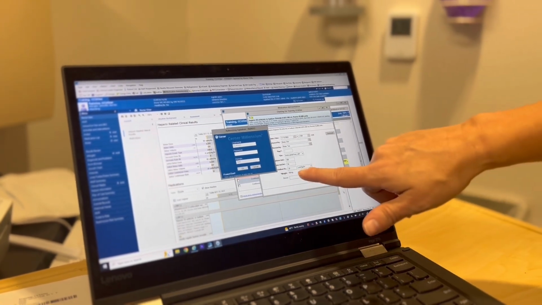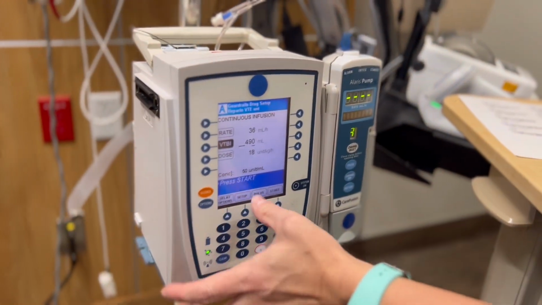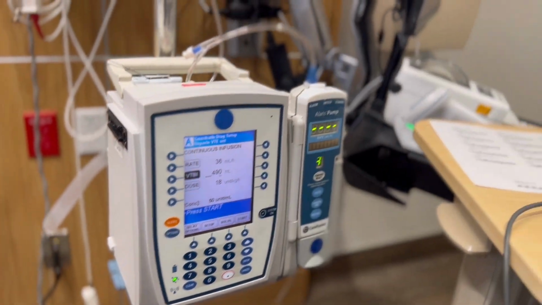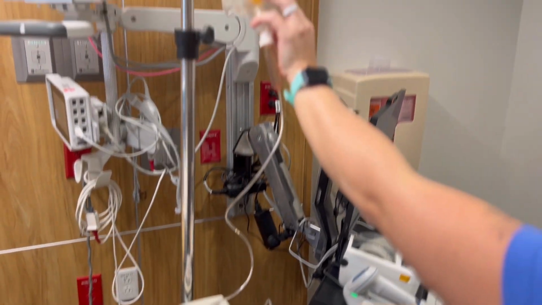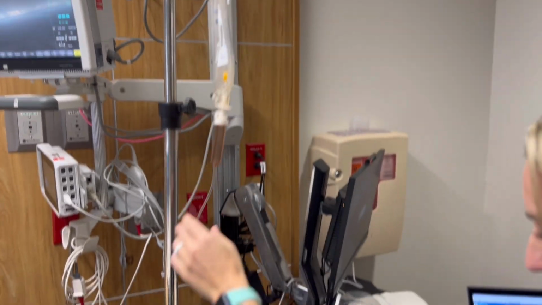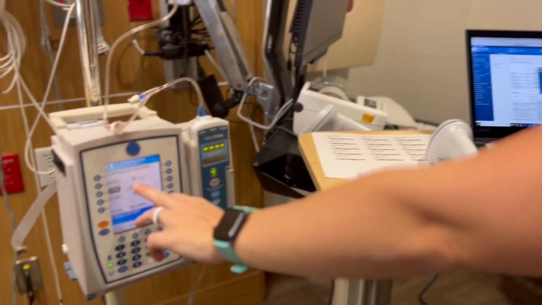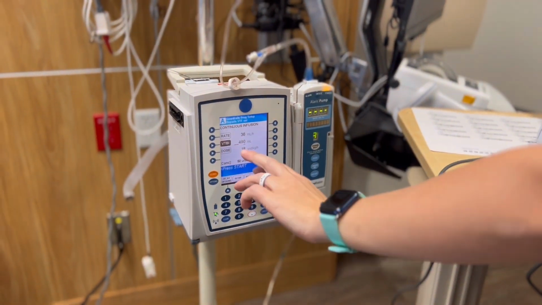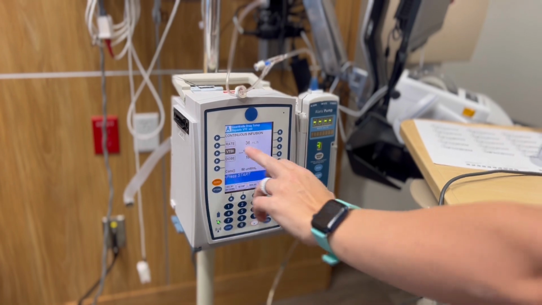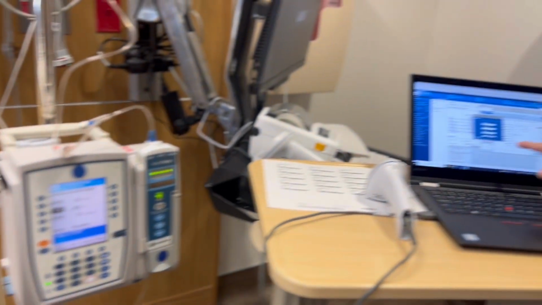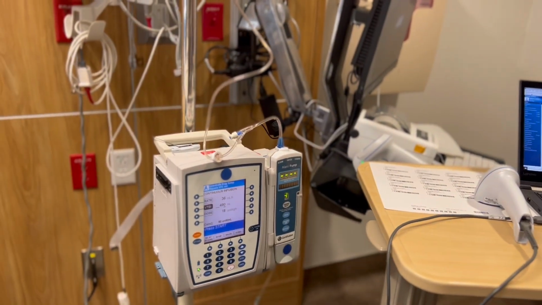So I'm looking at 18 units per kilogram per hour, and I'm coming over here and saying, yes, we're at 18 units per kilogram per hour. We've got our bag. It is heparin, 25,000, perfect. I can always double check the rate to make sure it is correct, but like Linda said, we never adjust anything on the mLs per hour. So again, 36 matches 36 here, perfect.